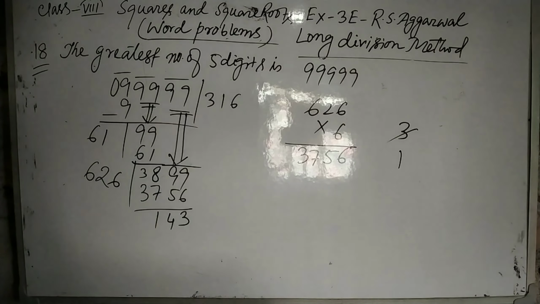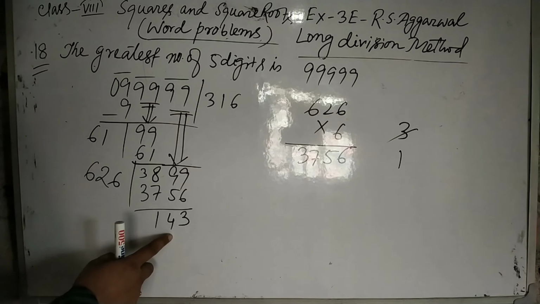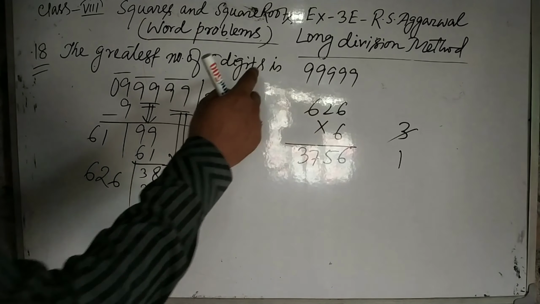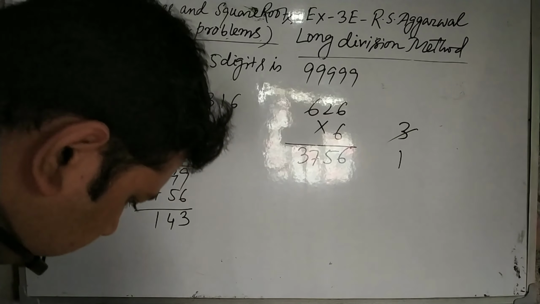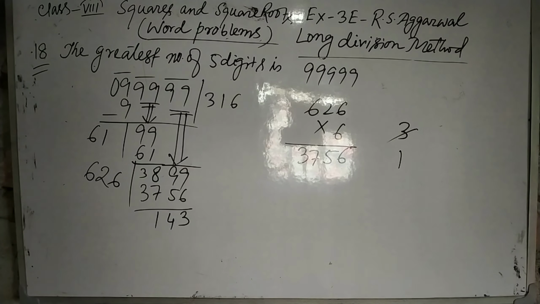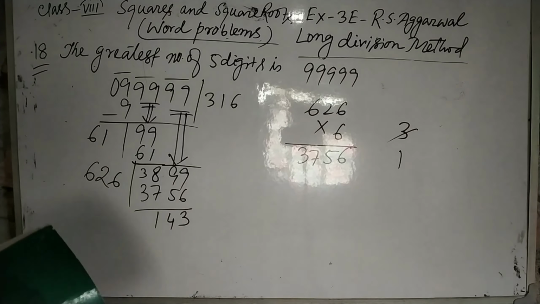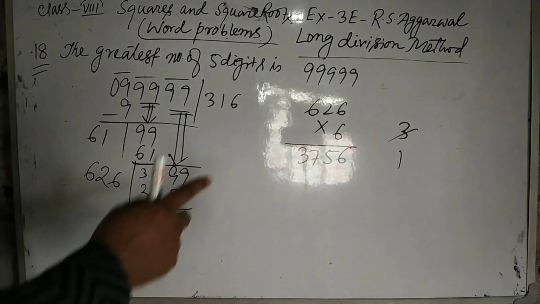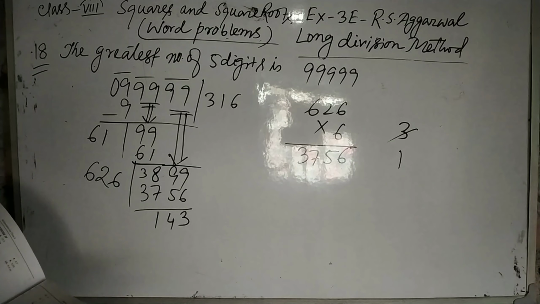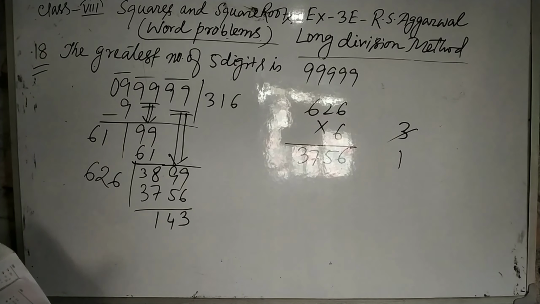We have to subtract this remainder from this number so that the resulting number will be a perfect square number. So for this case, we have to find 99999 minus 143.